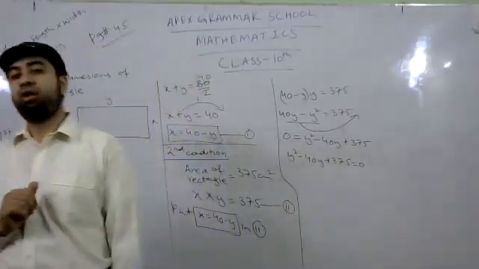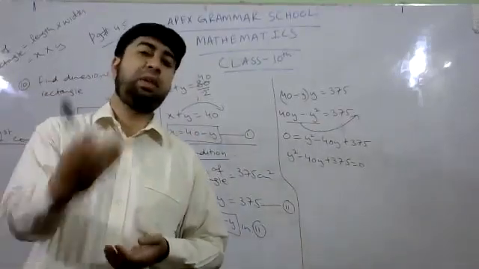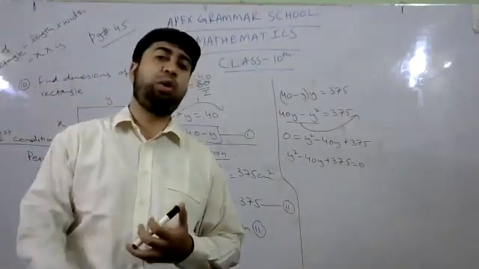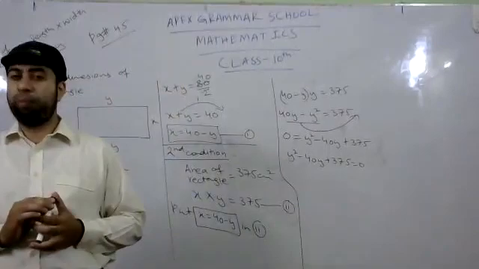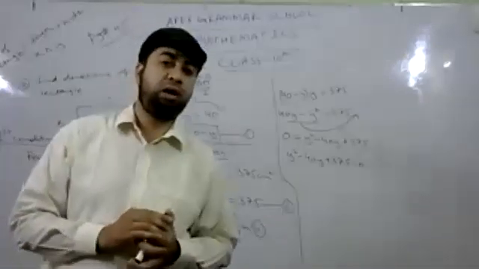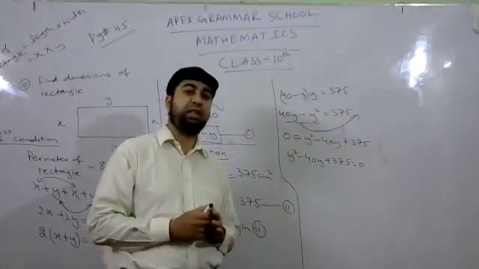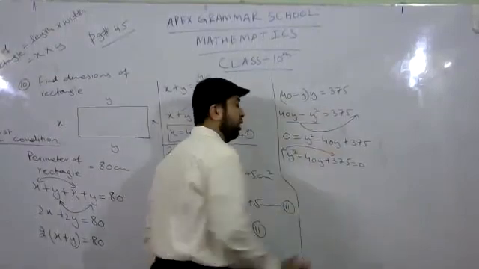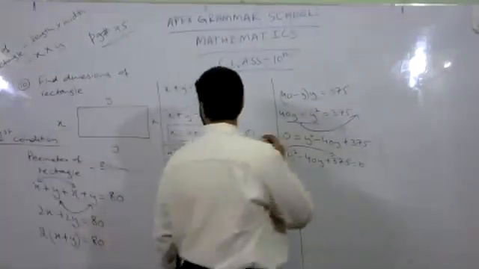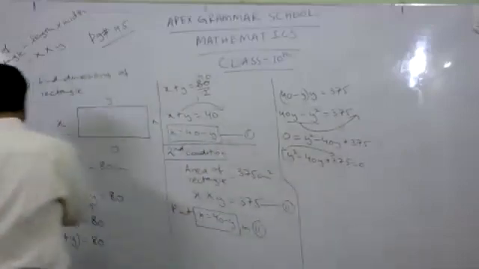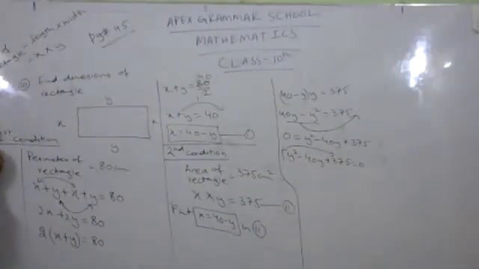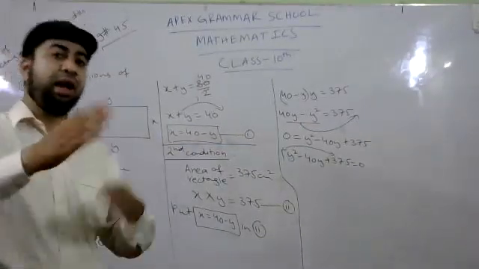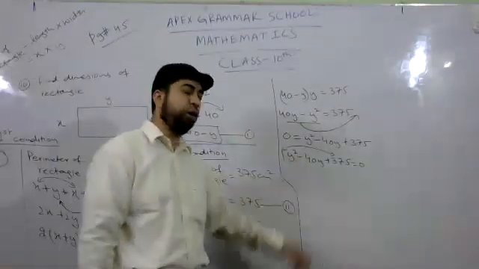For this quadratic equation, you have three methods to solve. The first method is you can apply the quadratic formula. The second method is you can find the values of the variable with the factorization method, or you can solve it through the completing square method. If you are able to do the factorization easily here, then you can do it. Y square coefficient, that is 1, multiplied by 375, its answer is 375. So we need to find a pair whose multiplication answer is positive 375 and whose sum is minus 40.